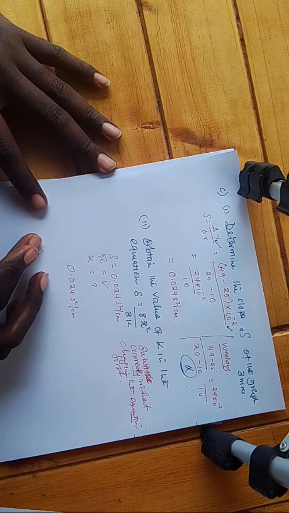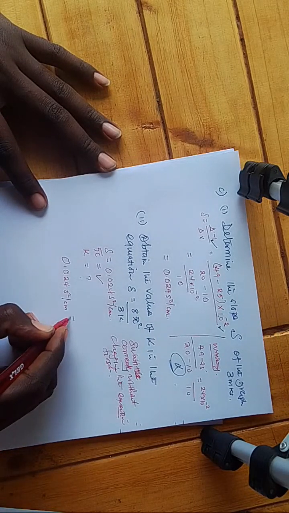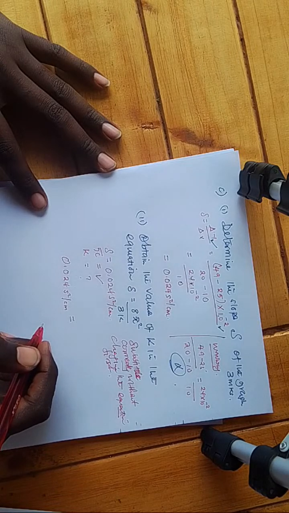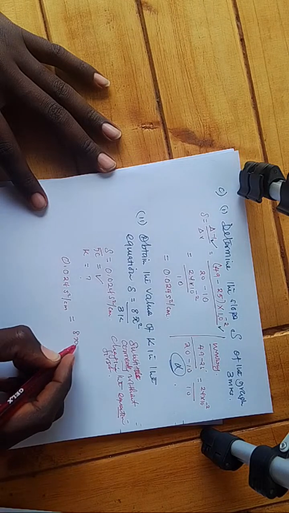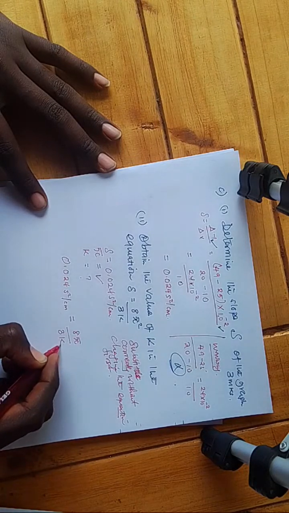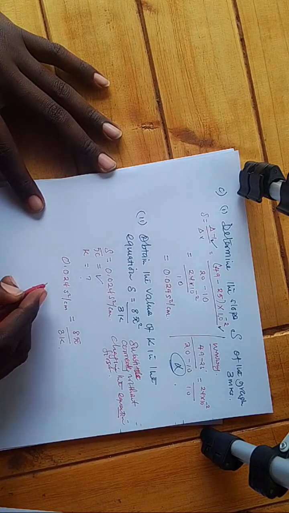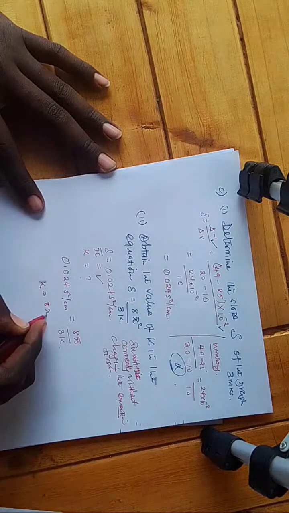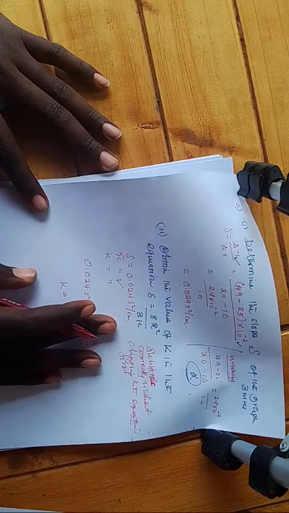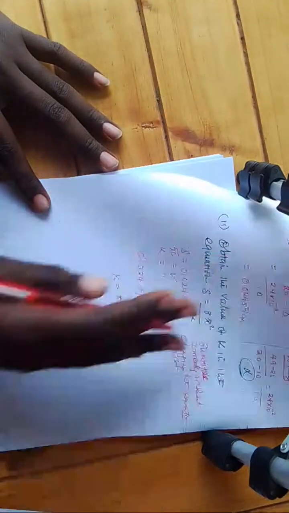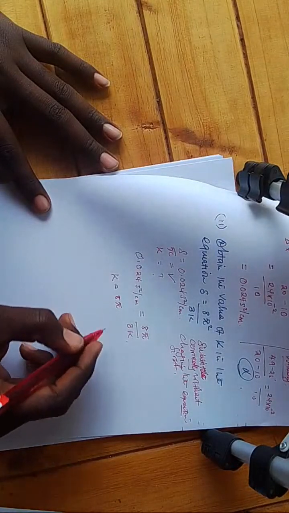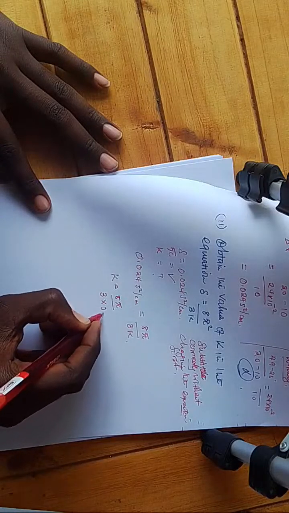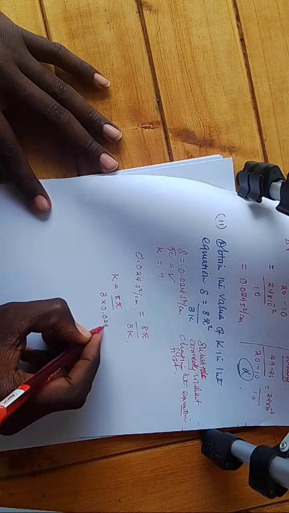The reason why I'm writing even the units is because I want you to understand that k will also have its own units. Therefore, 8 pi over 3k. Now make k the subject of the formula, which will say k is equal to 8 pi over 3 times 0.024.